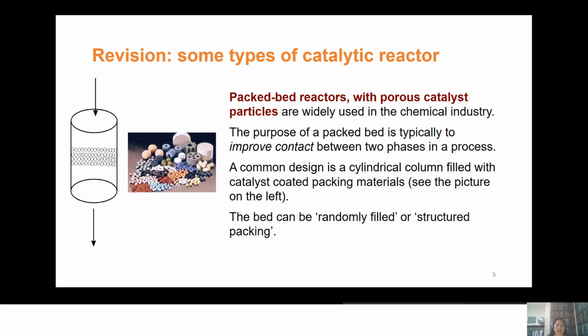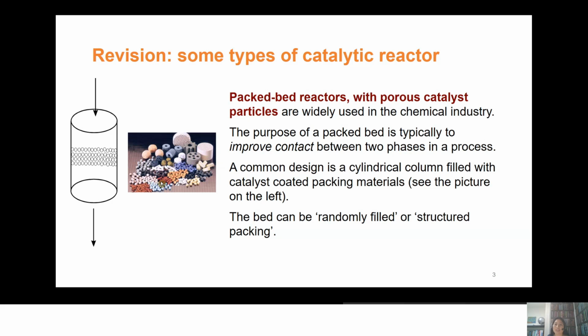Using a packed bed increases the contact between the fluid and the solid phase, compared with other reactor types, because in a packed bed the particles are as close together as possible. Most packed bed reactors are of a cylindrical design with random packing, so you have pellets and other shapes, as you can see in this picture here.